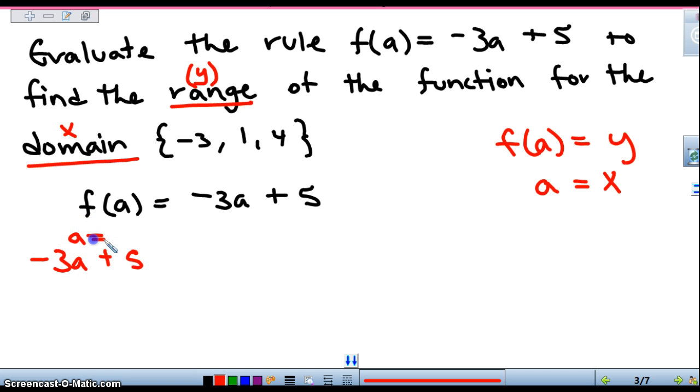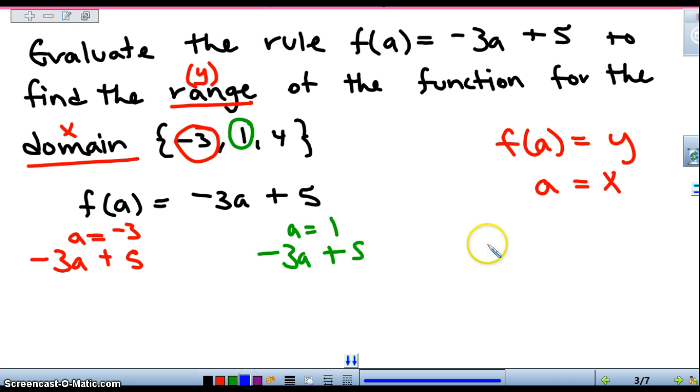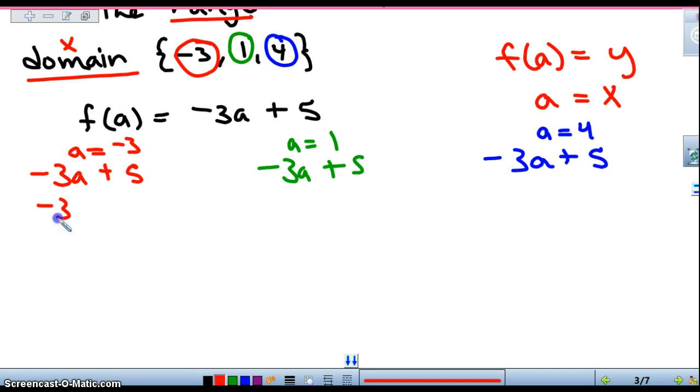This is where a equals negative 3. Negative 3a plus 5, where a equals 1. And then negative 3a plus 5, where a equals 4. This means negative 3 times negative 3 plus 5. Negative 9 plus 5 is negative 4.